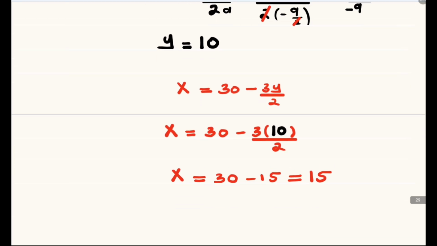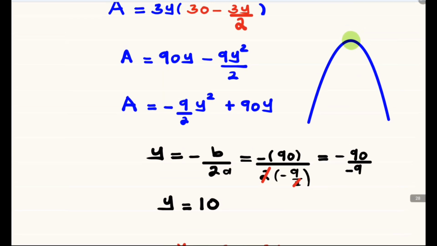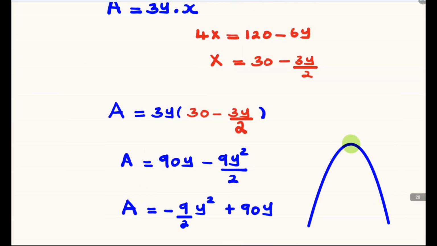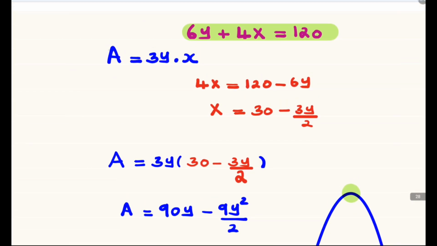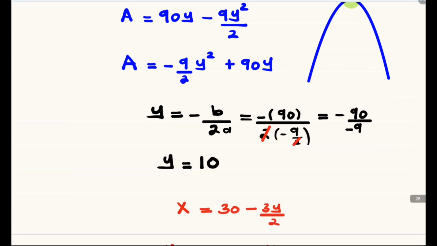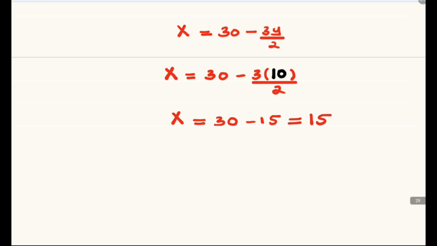Now let's determine our area. Originally we had area is equal to 3y multiplied by x. We can use the other formulas which only have y. They will still give us the correct answer.